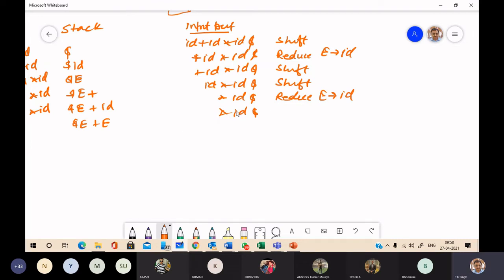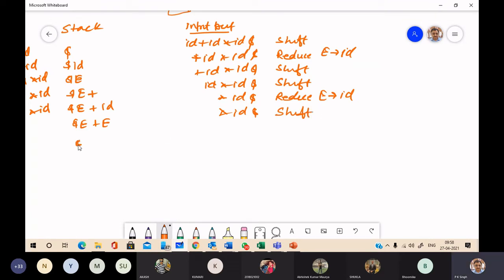There should not be a conflict, so we have to resolve this conflict. Here we know that at this point of junction, this will not be the handle. So what we do, we shift.